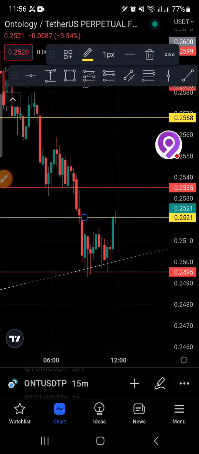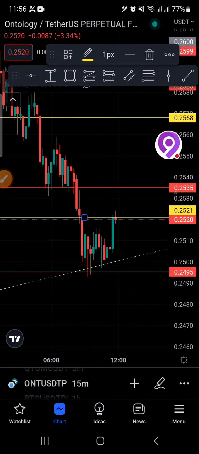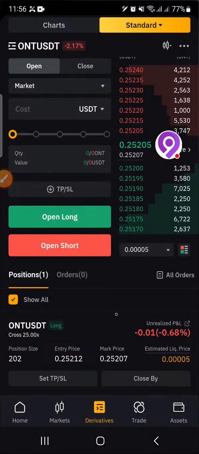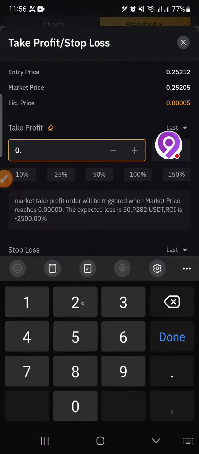Any small movement now, we're going to be in profit. So that is just the way it is. And I think our take profit should be 0.2535. Okay.